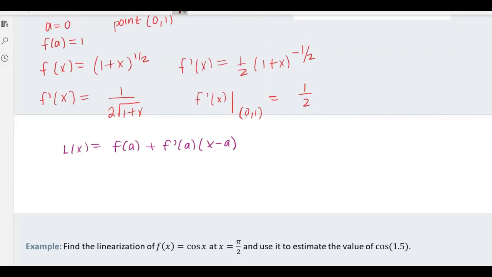So we're going to say that L of x is going to be f of a, which we said was 1. That's up here. f prime of a, that's here when we plugged in a, was 1/2.